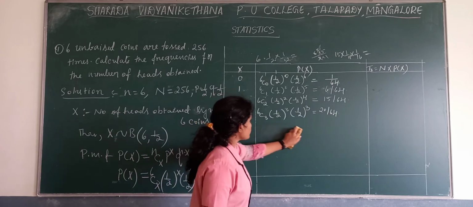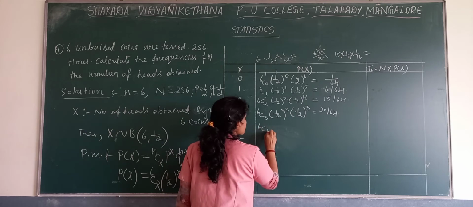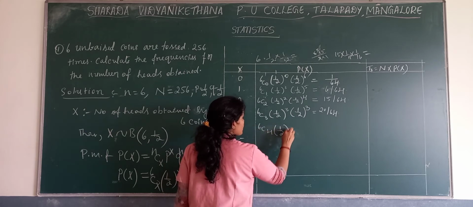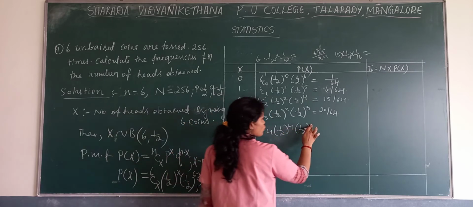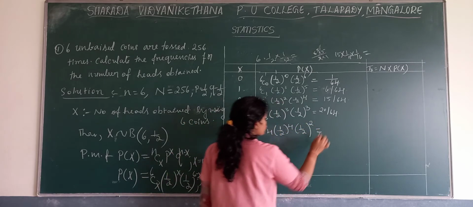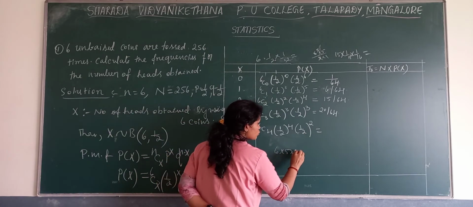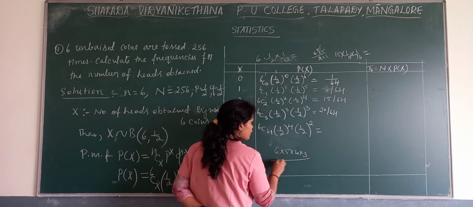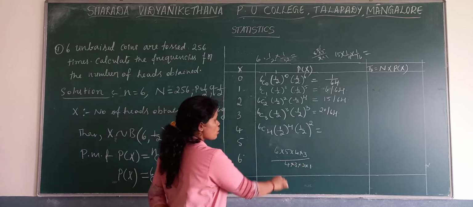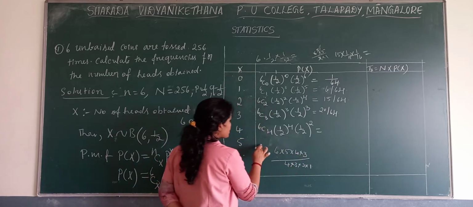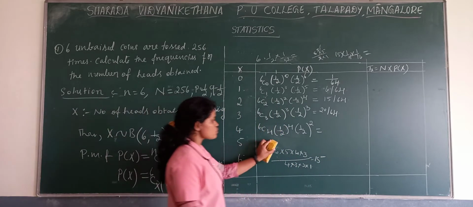This is the fourth probability. The next one, 6C4 into (1/2)^4 and (1/2)^(6-4), where 6 minus 4 is 2. What is the value of 6C4? 6 into 5 into 4 into 3 divided by 4 into 3 into 2 into 1, which gives 15.